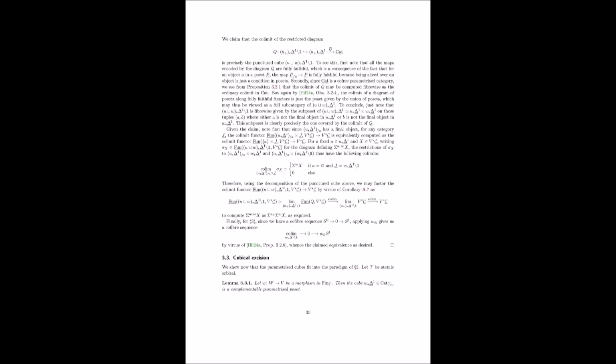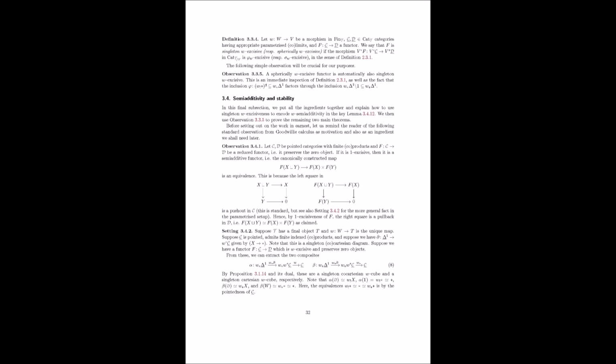Now, to connect these parameterized spheres back to that mysterious result, we've got singleton and spherical excision. So the paper defines these two types of excision, singleton excision and spherical excision, which relate to the parameterized cubes and spheres. And they make this really crucial observation, which is that a spherically excisive functor is automatically singleton excisive.